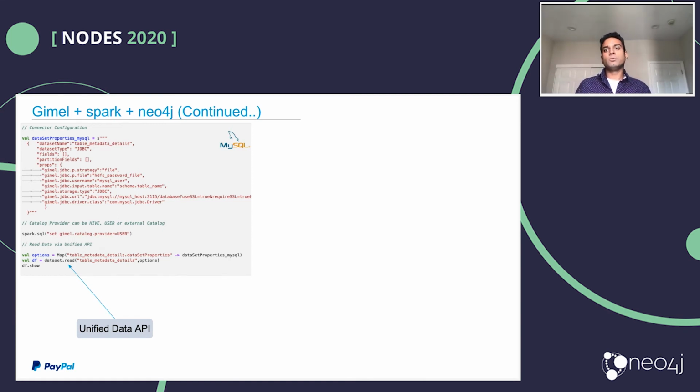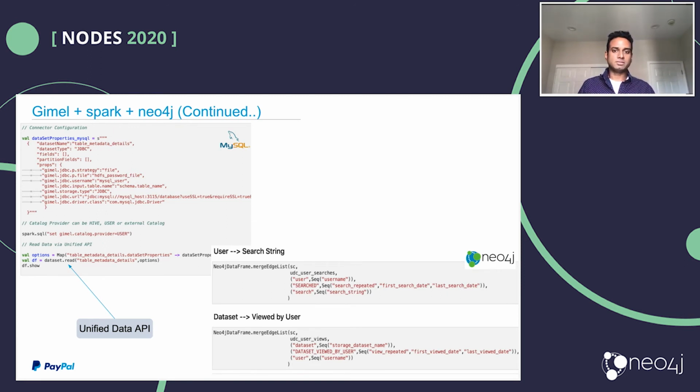Now, coming back to the area that we are focusing on, once we have solved the problem of accessing data, and we are familiar with data processing in Spark, how do we persist this data meaningfully in Neo4j? This is where the Neo4j connector for Spark comes in.